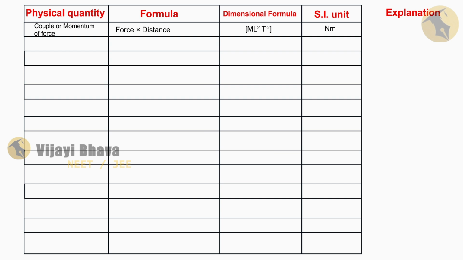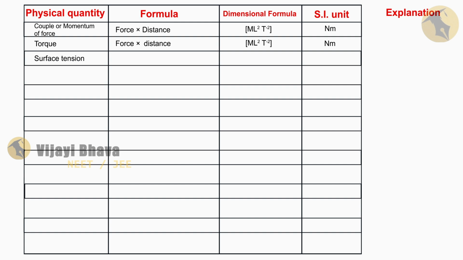The next physical quantity is torque. Torque is given by the product of force and distance. So for force, the dimensional formula is M1 L1 T minus 2 and for distance it is L1. So for the torque it becomes M1 L2 T minus 2. The next physical quantity is surface tension.